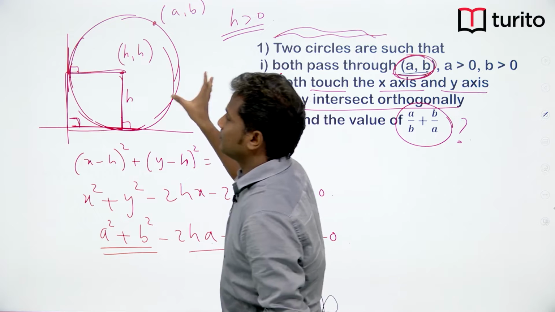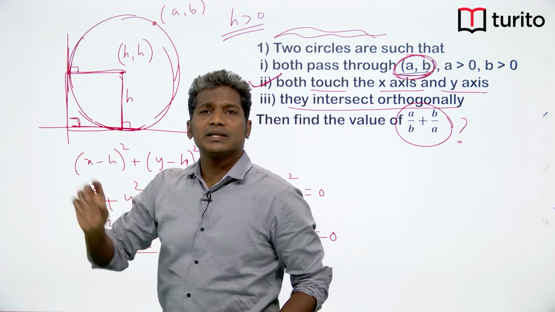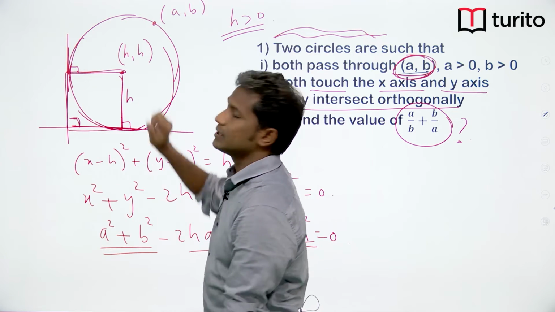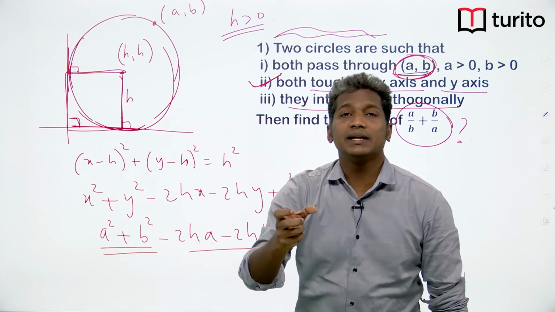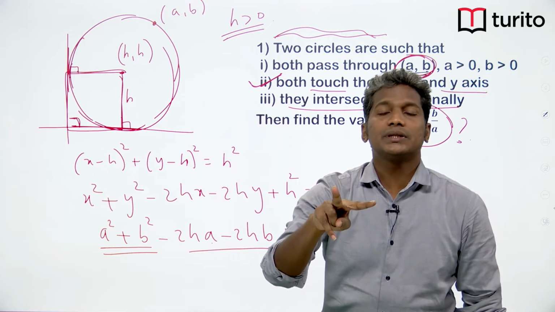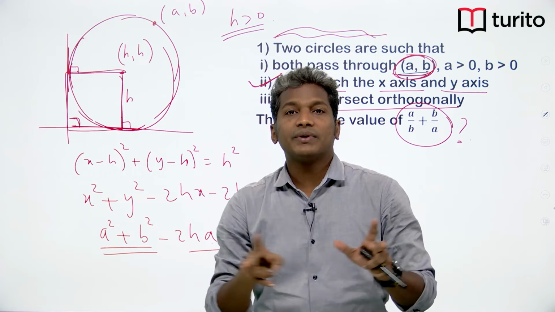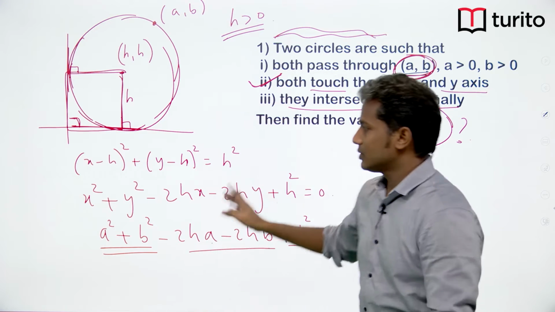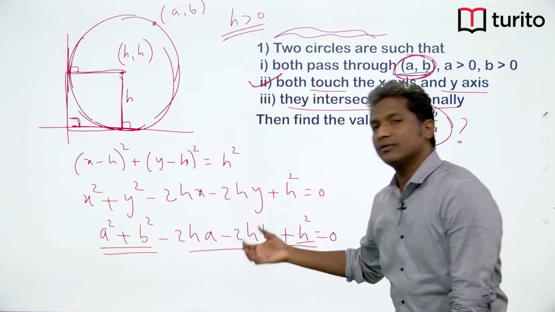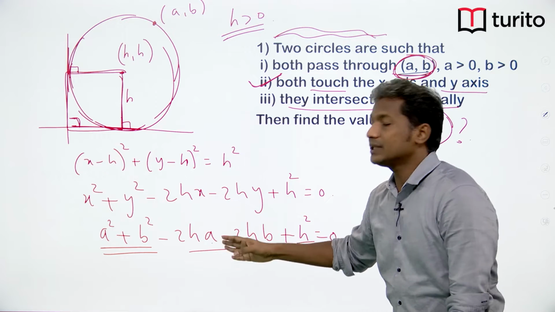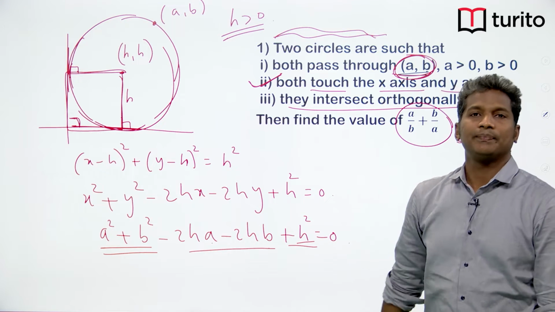Now, because both circles are touching the x and y axis, both can be represented using this form, but the value of H here should have two solutions to represent two different circles. So, that means from this equation, if I try to solve for H, there should be two solutions.